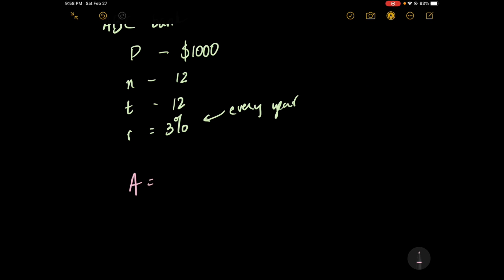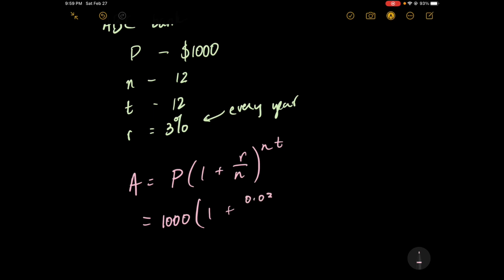A is equal to P times 1 plus R over n to the power of nt. Well, A is what we're trying to solve. 1,000 is the principal amount. 1 plus r over n, well, that's going to be 0.03 over 12, to the power of 12 times 12.